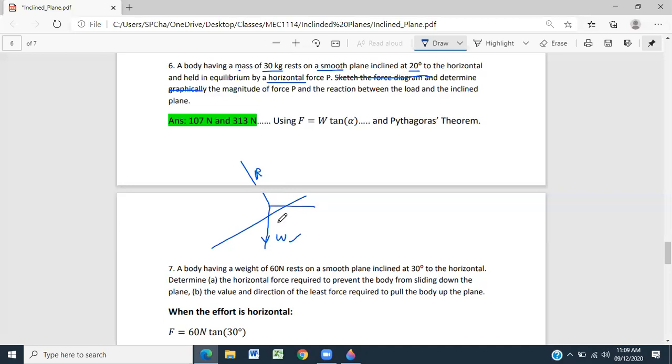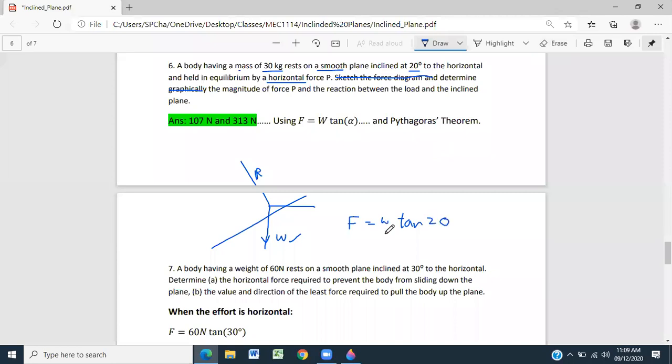Good. So we know, creating our force triangle here, that F is equal to W tan alpha. The plane is inclined at 20 degrees, so alpha should be 20.